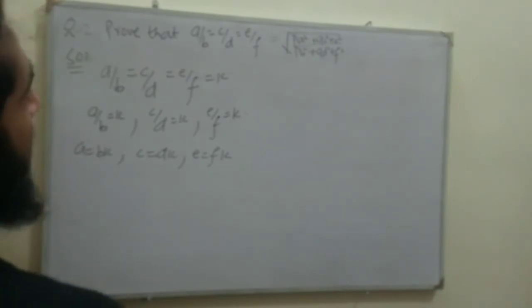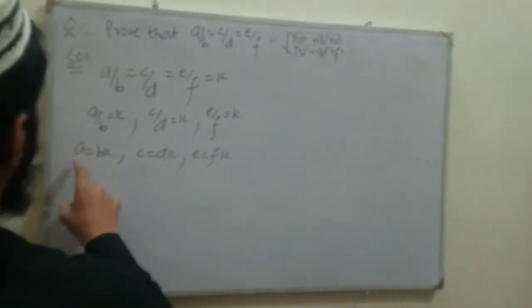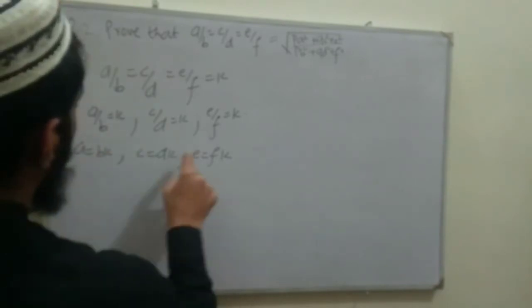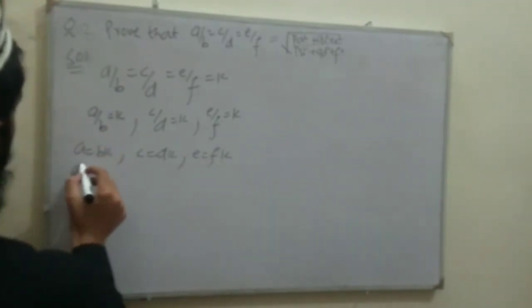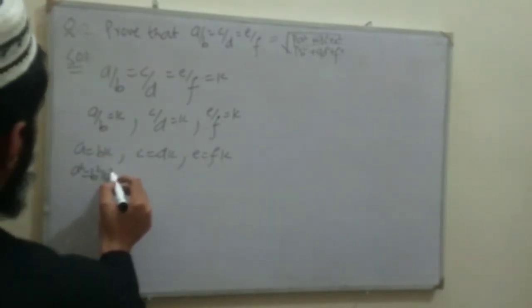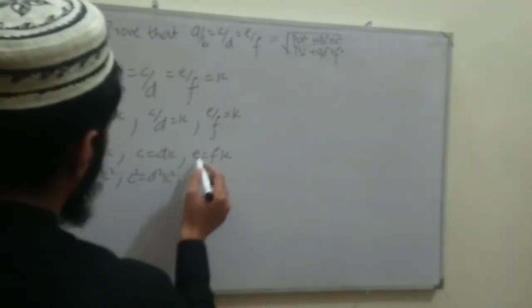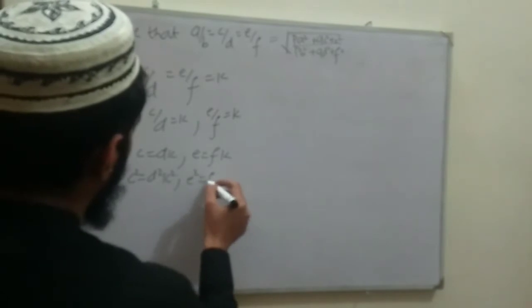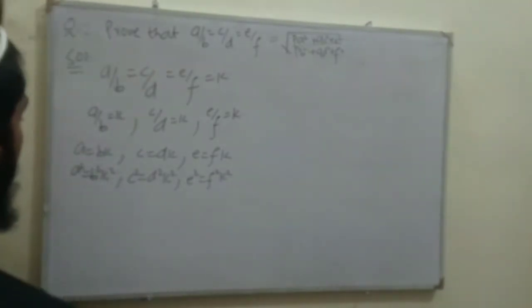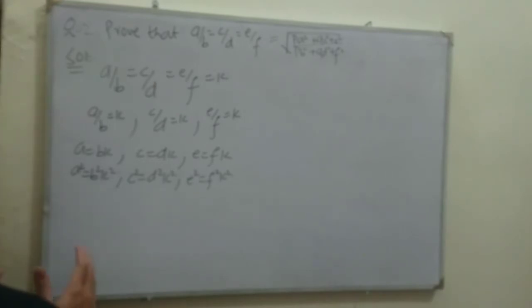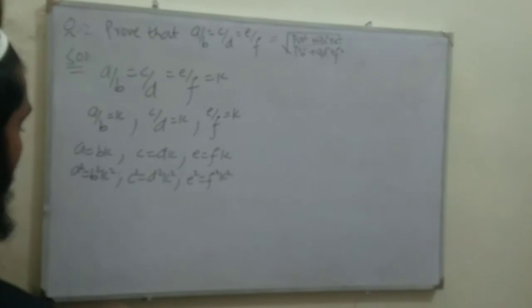Now here if we take the square on this equation and this equation, it becomes a square is equal to b square k square. Here it becomes c square is equal to d square k square. Here it becomes e square is equal to f square k square. Now according to the rules of mathematics, if one side of an equation is equal, then the other sides will also be equal.